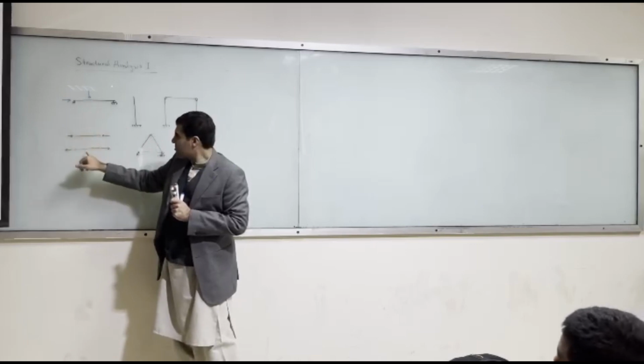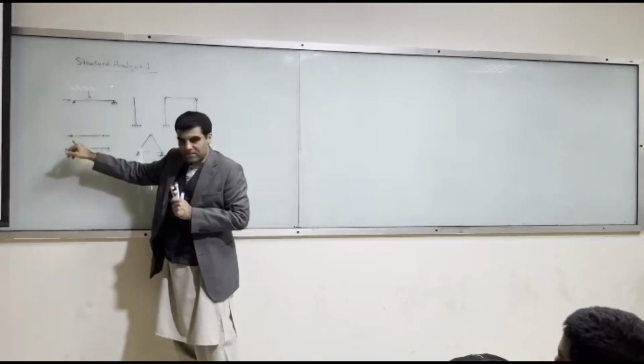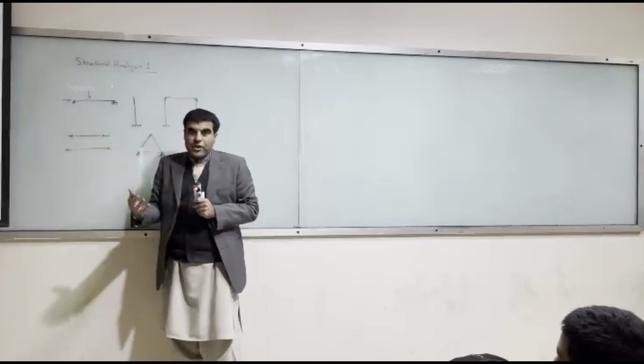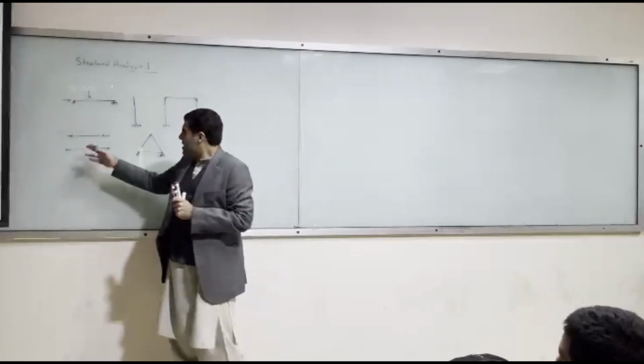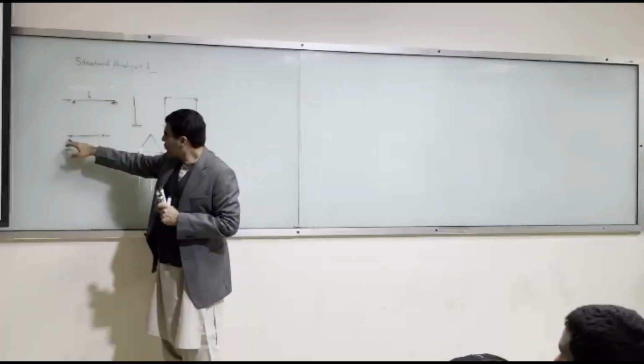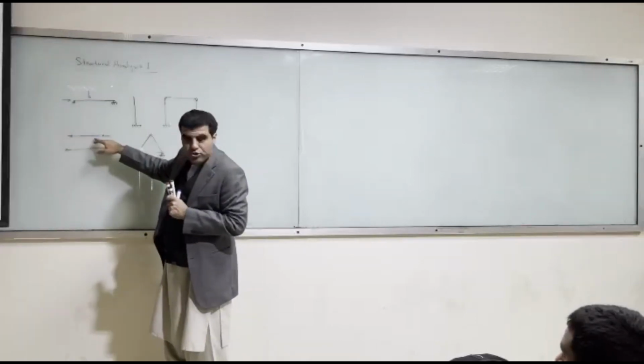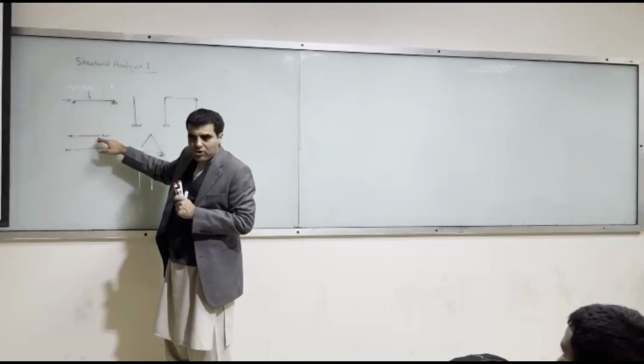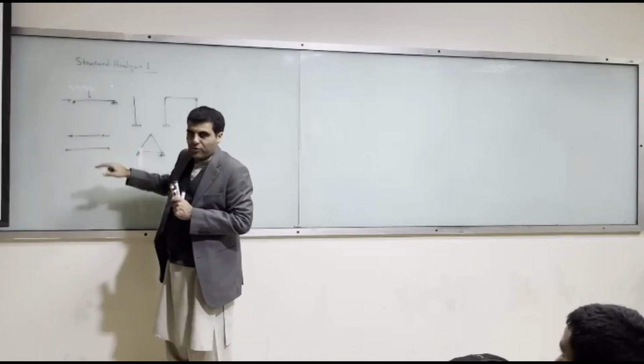In the type of structure where you have axial load, we assume that there is no shear force and bending moment. The load goes through this structure without causing any bending moment or shear force.